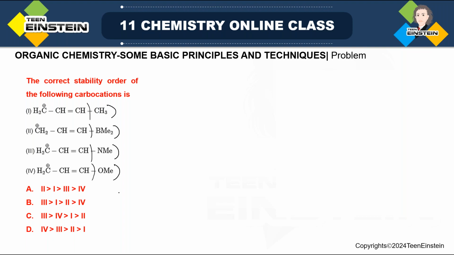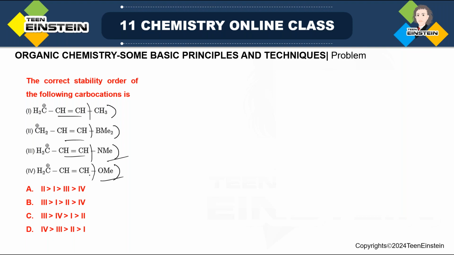Neighboring carbon, multiple bond. So here we have neighboring carbon, multiple bond, but that is present in all the species, so you can't do anything based on that. Then you have to check whether any lone pair stabilization is possible. It is true that here OMe, NMe are not directly attached to C+, but as there is a C=C double bond, ultimately resonance is possible.